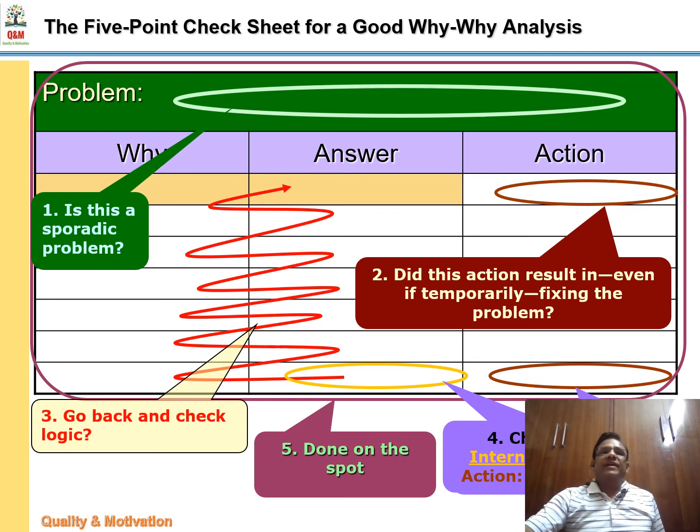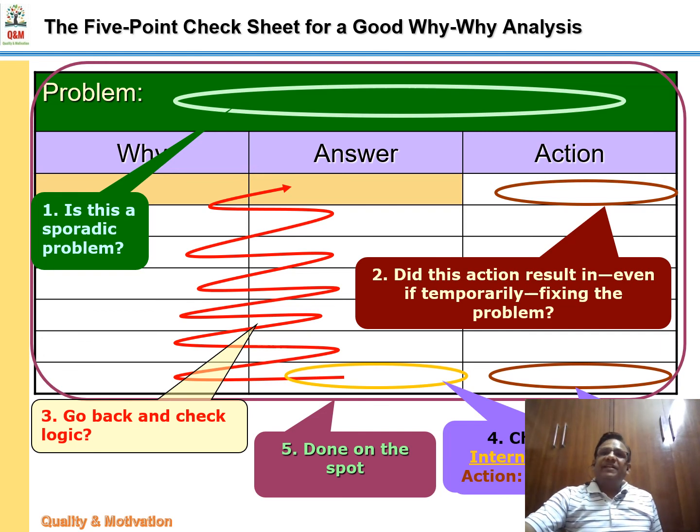Third, go back and check the logic. Yes, we have checked the logic and we found the sequence. Fourth, our final action should be related to standardization or human error. Yes, we checked and we found this. And fifth is done on the spot. It means today's analysis is to be done today.